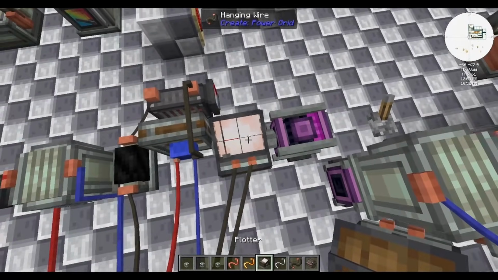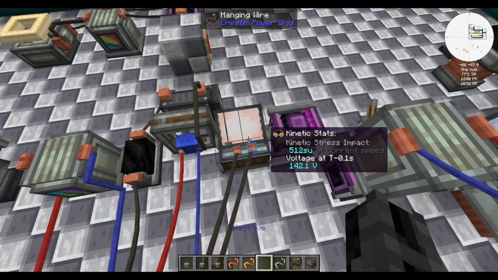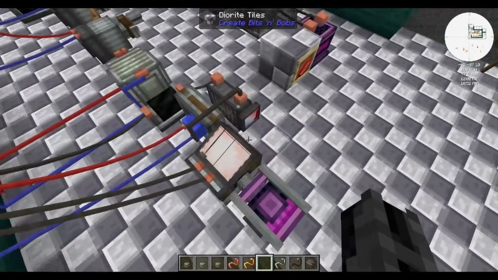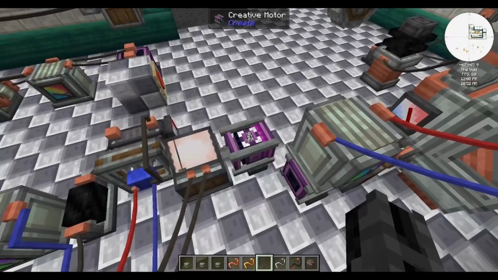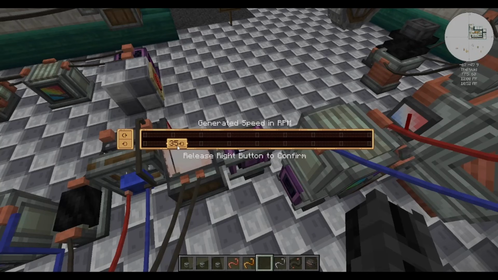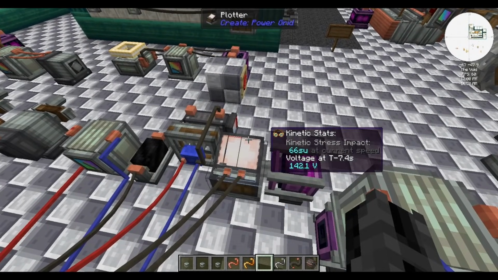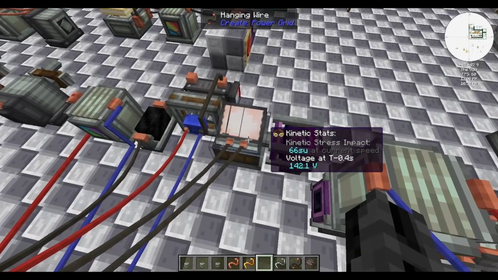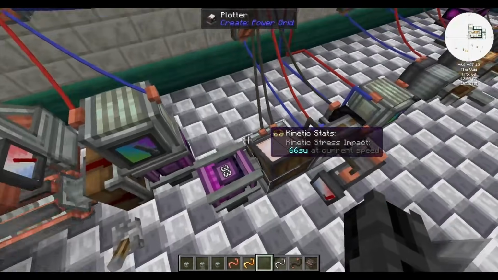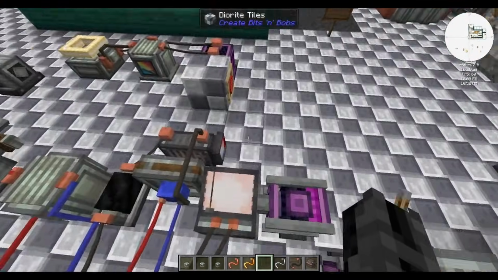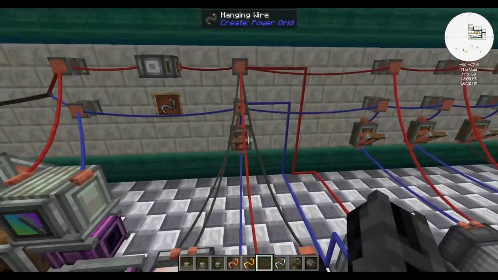Using a plotter, you can plot your voltages and have a nice history. This one is going quite fast, but if we slow it down, you can have a pretty long history, up to, let's see, 7 seconds I can see over here. So you can play around with that to make a chart of how much voltage you have available.